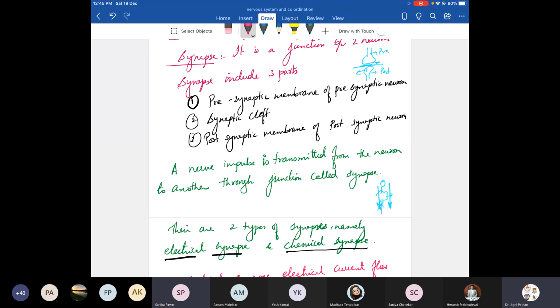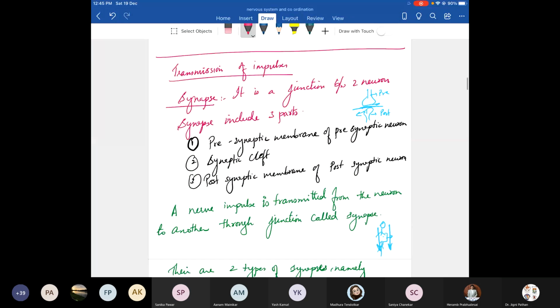And what is the second part of synapse? Transmission of impulse, synapse, presynaptic membrane of presynaptic neuron, synaptic cleft, postsynaptic membrane of postsynaptic neuron.